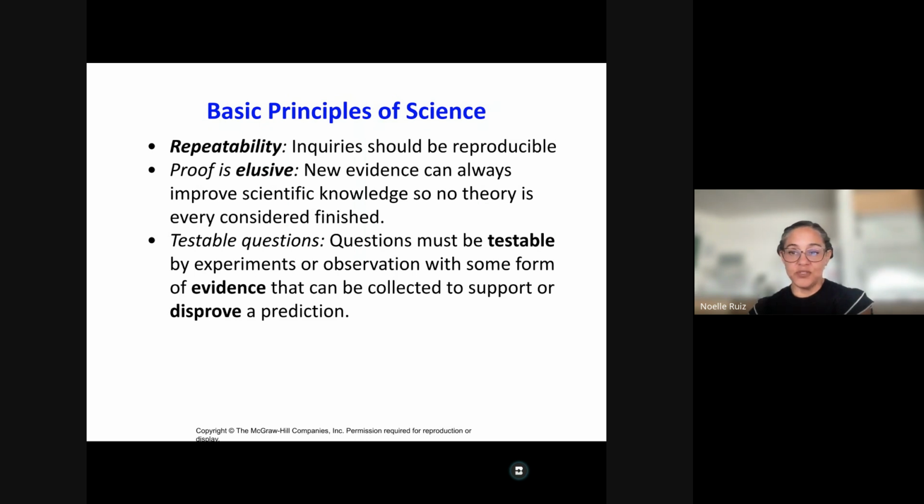We use quite a few words. We don't use right and wrong. We don't say, oh, my hypothesis was right or my hypothesis was wrong. We either say we gathered evidence and it was supported, or we gathered evidence and it was not supported or rejected. Like goes towards disproving a prediction.